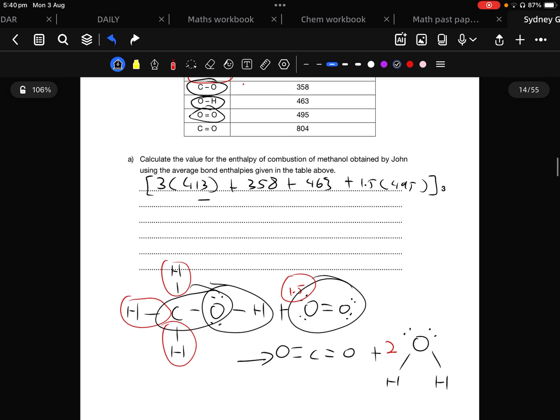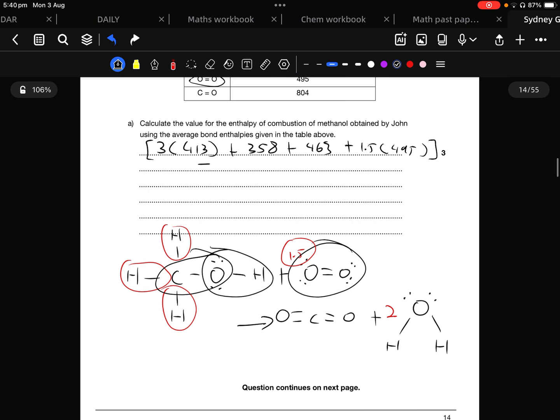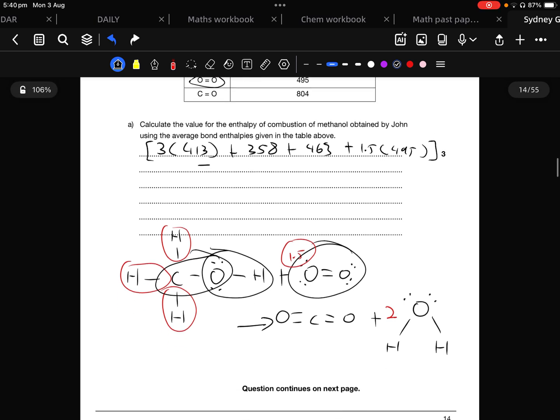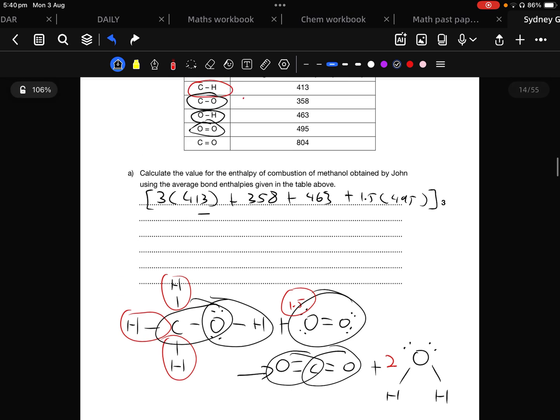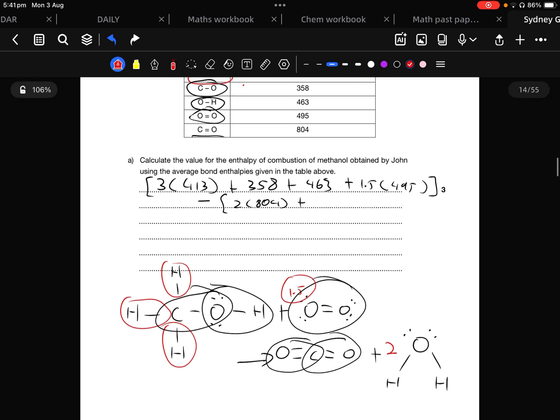Now we got to calculate the enthalpy of the products, or the bonds formed. So we got 2 C=O's that are double bonded right here, and we got 2 of them, plus, we also got to take into consideration the coefficient.